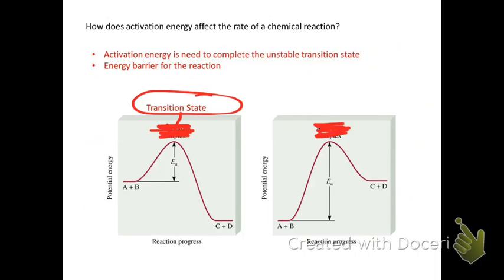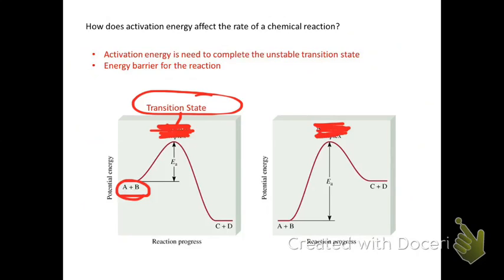So we're going to start out with a reaction with A and B. Those are our reactants. Now A and B, you're going to have to visualize this. A and B have to collide with each other, all right? And they have to collide successfully. So the first thing that has to take place is they must collide with the right geometrical orientation.